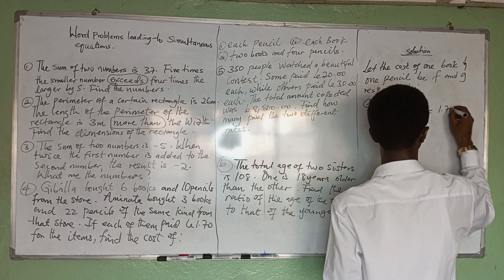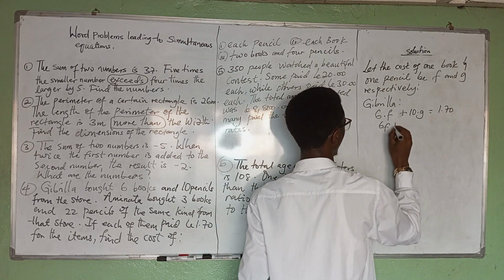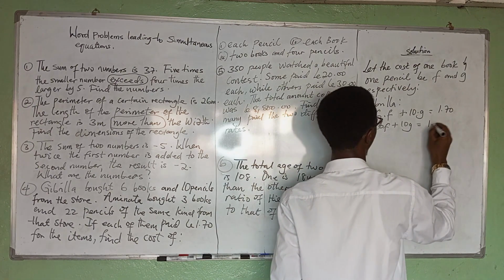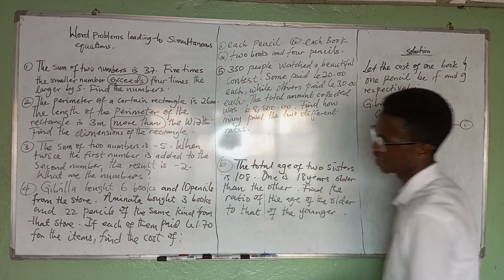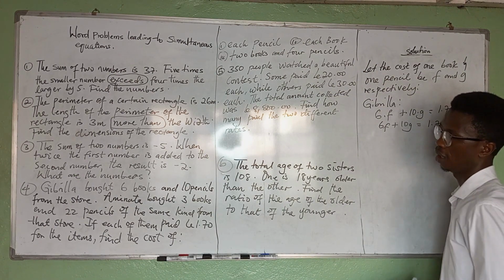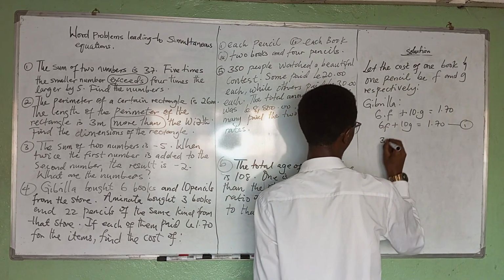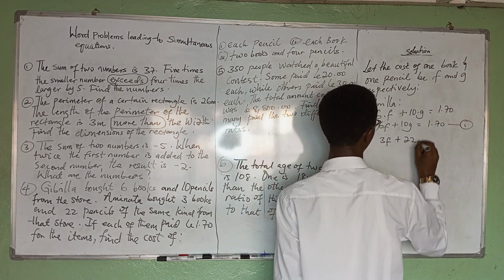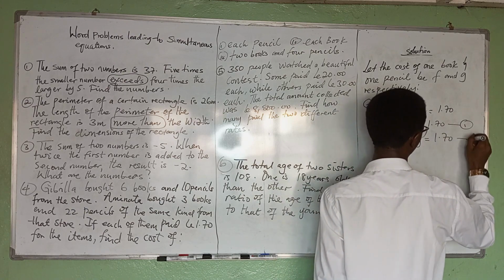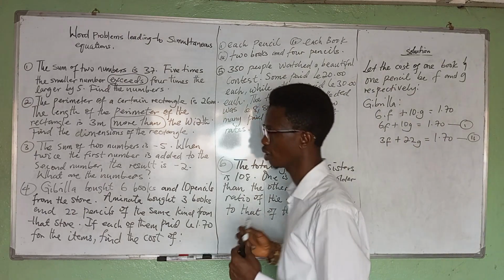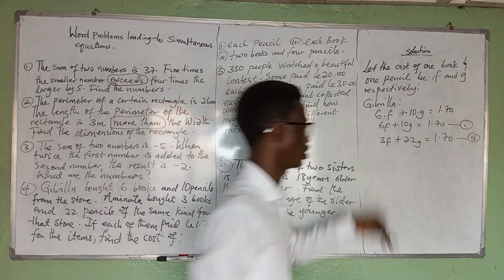So this becomes 6F plus 10G equals 1.7 million. So that's equation 1. The same thing again for Aminata, who bought 3 books and 22 pencils. So again, 3 books, 22 pencils will be again the same cost, 1.7 million. That's equation 2.